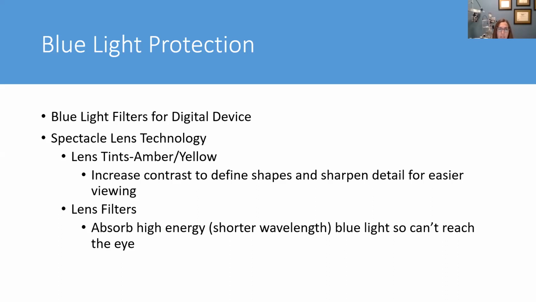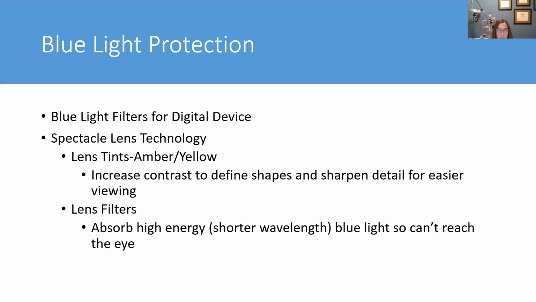And then you can incorporate blue light protection into glasses. Yellow tinted glasses block blue light the most, so that would be your most protection against blue light. While we don't want to wear yellow glasses all the time, because we do need blue light to help with our sleep cycles, and a lot of times, cosmetically, people don't want to wear yellow glasses, if you had computer specific glasses, you could think about that.